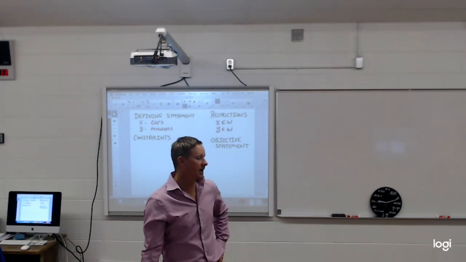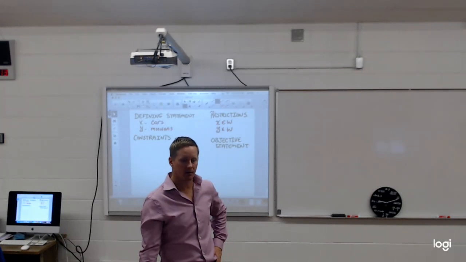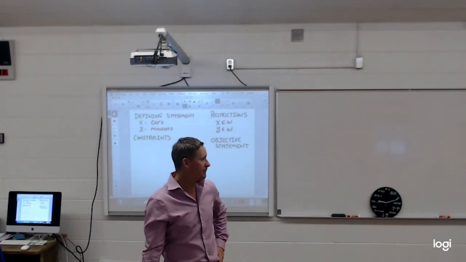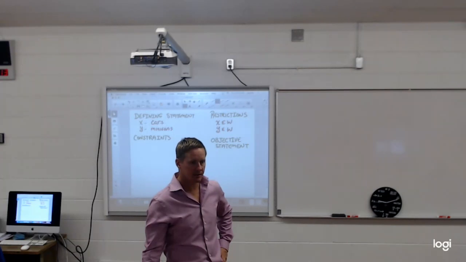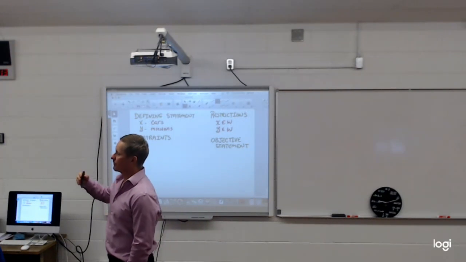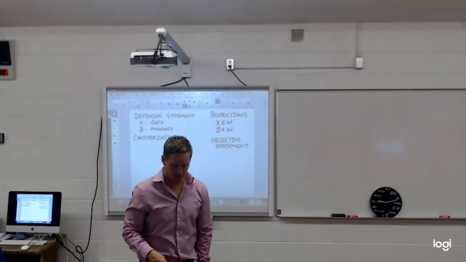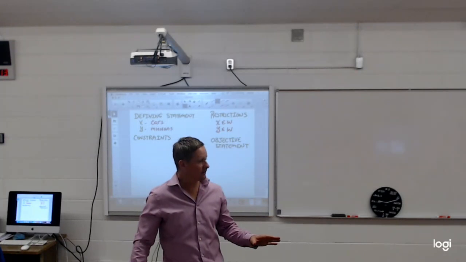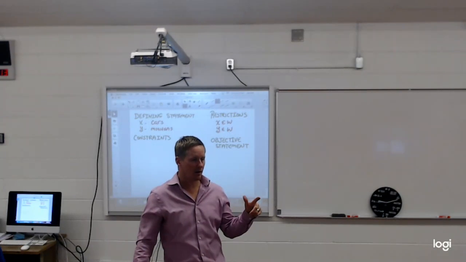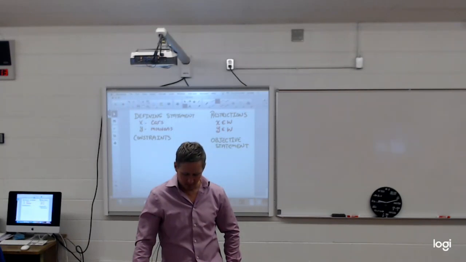How many people is that total possible people? It's 13 per team, 4 teams, 52. So combined, we know that the total is going to be less than or equal to 52, right? But X is cars and Y is minivans, so we don't need to worry about that just yet.